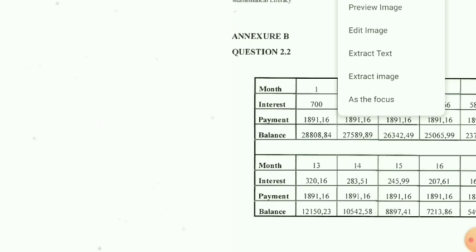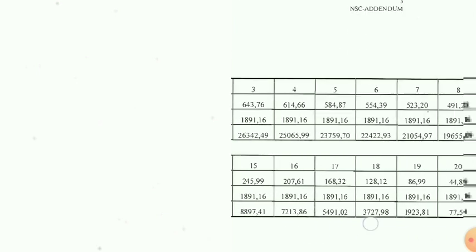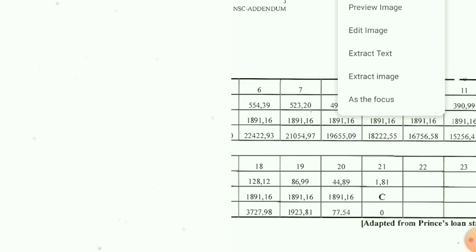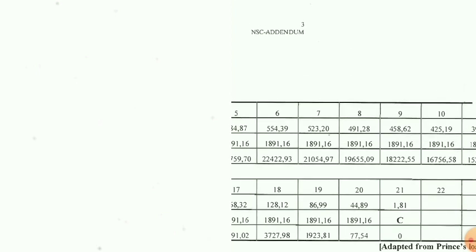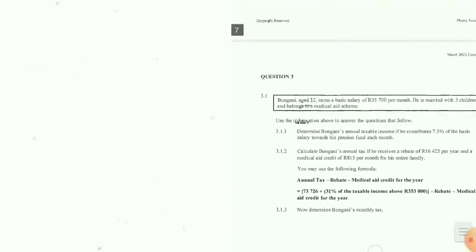In this block, focus on the last interest, which is 1.81. We add that one, then we get 79.35. That's where we get the 79.35. That's the last block, because they didn't calculate it for us, so we have to calculate it ourselves.